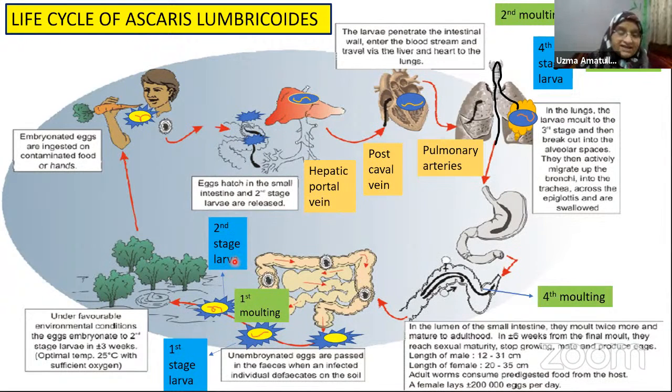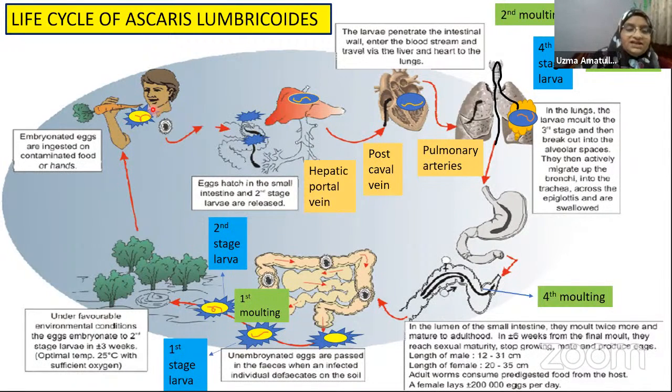Now this second stage rhabditiform larva is infective to man. Why? Because when it enters the body, it will start its life cycle and then cause the disease. Now, if it is on the soil, it gets mixed with water and goes through contaminated food or water into the human body.